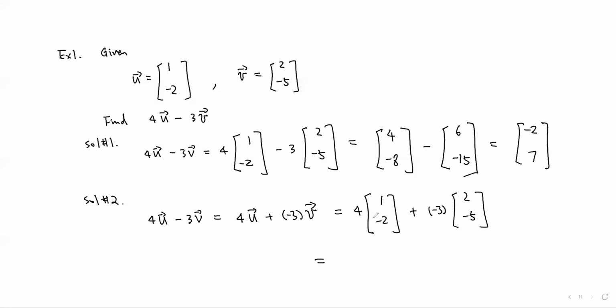Then it's equal to a number times a vector, the number times all the entries. 4 times u plus -3 times all the entries: -6, +15. Then compute the sum of these 2 vectors. 4 plus -6 is -2, -8 plus 15 is 7. Yeah. Done.